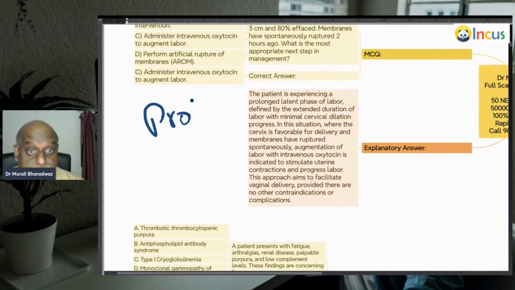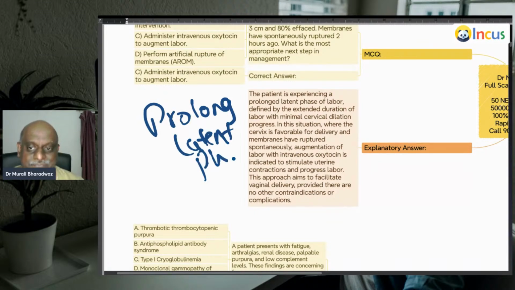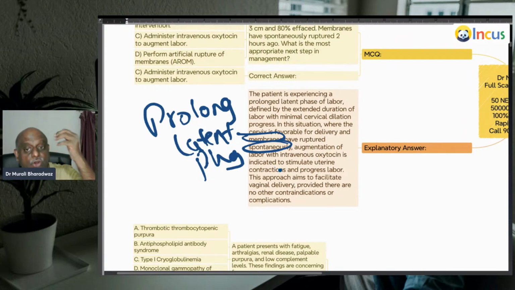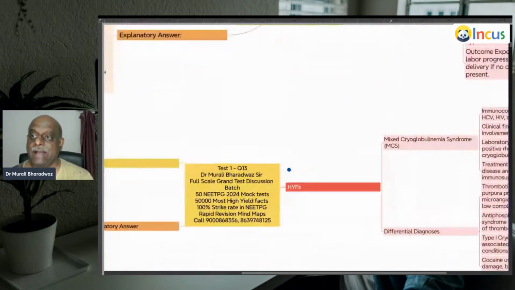What she's having is a prolonged latent phase of labor, where there is an extended duration of labor with very minimal cervical dilatation progress, the cervix is favorable for delivery and membranes have ruptured spontaneously. Augmentation of labor with intravenous oxytocin is what is required to stimulate uterine contractions and enable the progress of labor.